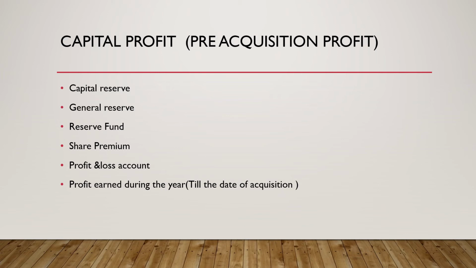This is very important. All these things are taken from the liability side, and we also have to find out the profit earned during the year. Okay, this is the format of computation of capital profit.